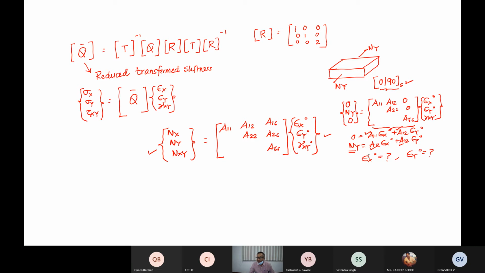I think I have already discussed these things in detail in the experimental determination of E1, E2, isn't it? Following ASTM standards. See the micromechanics module, maybe lecture 3 or 4, experimental determination of the strength and stiffness properties, where I have given details.